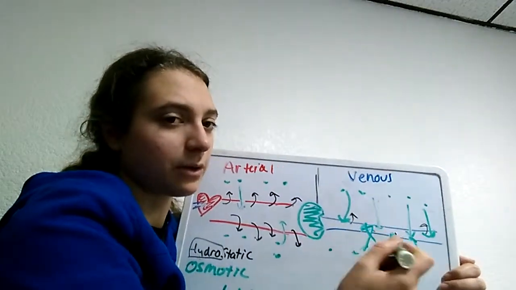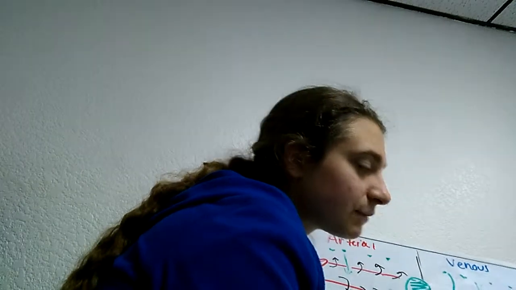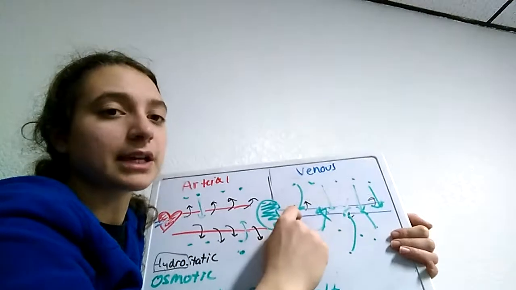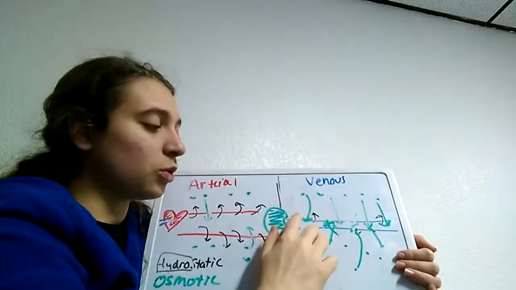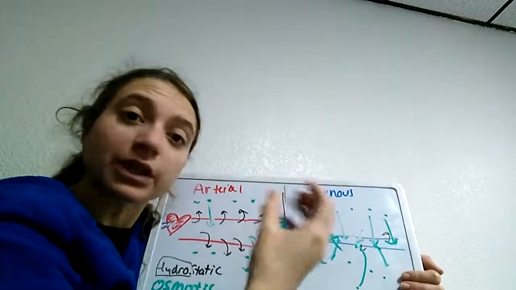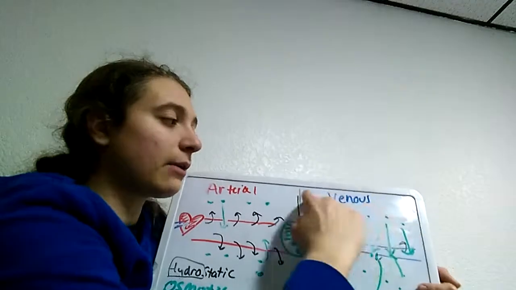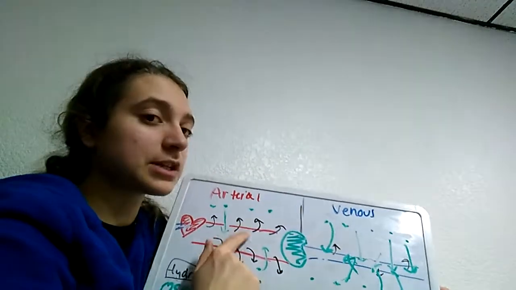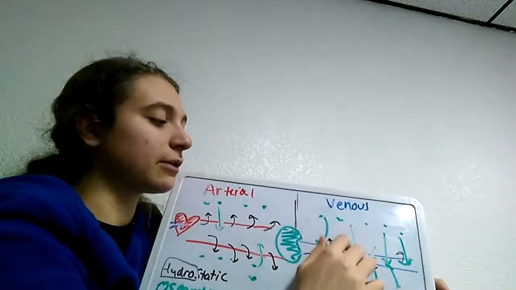See how that is? It's just all going in there. Because there's less water in the veins, the water from the tissues will go into the veins because the veins are really concentrated. So it goes from an area of high water to low water. While in this situation, the water density was higher, but over here it's lower.